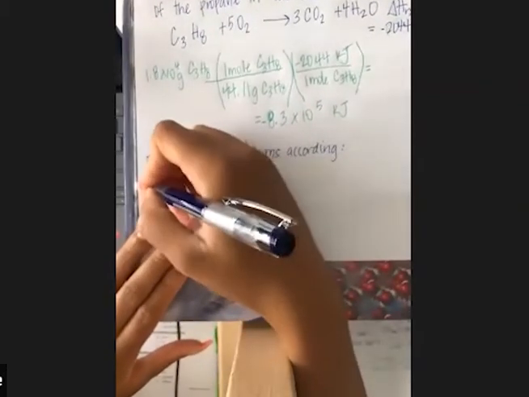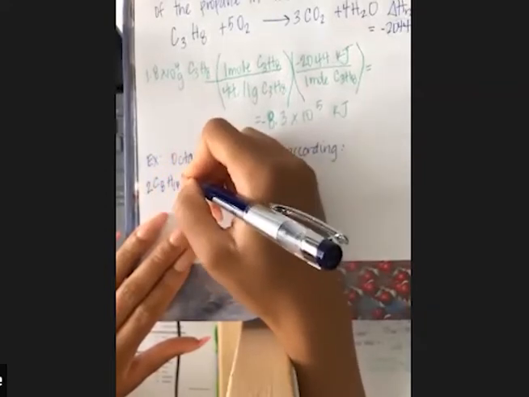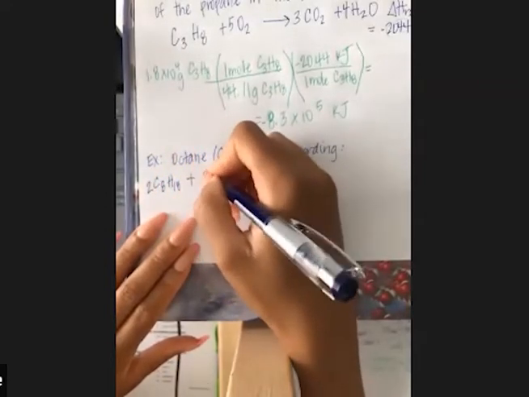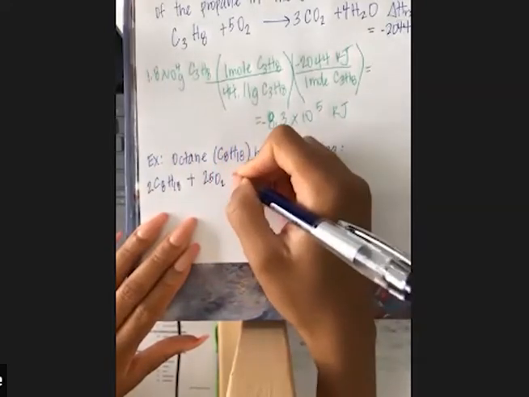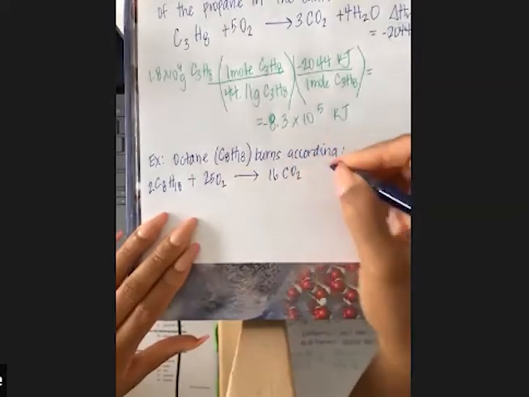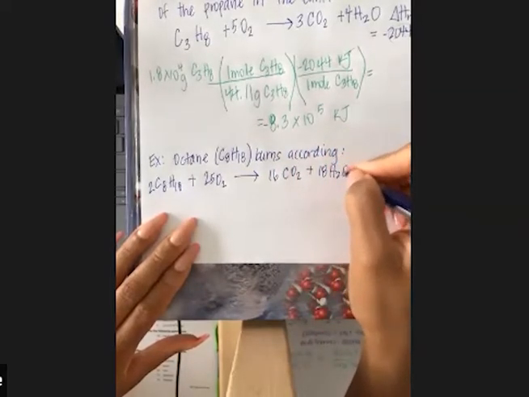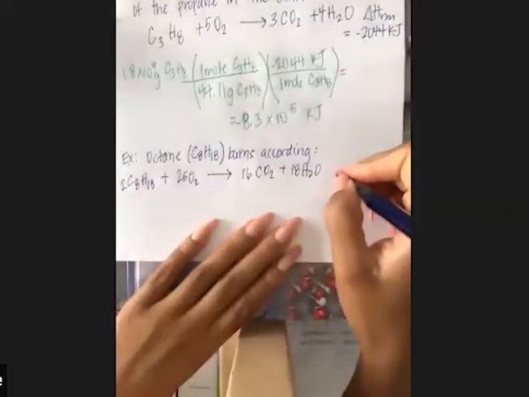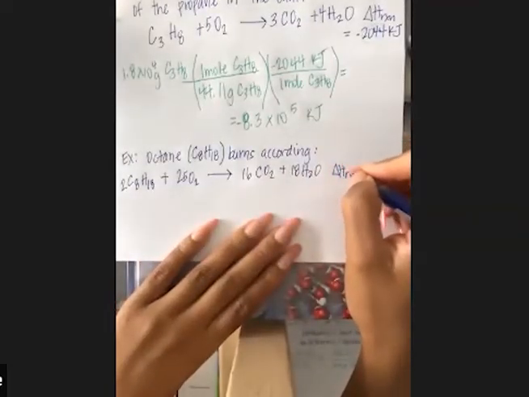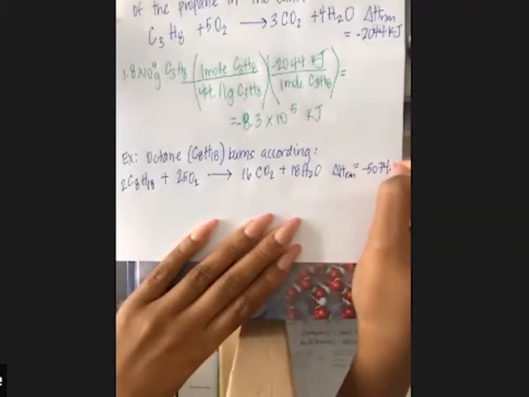The equation says 2C8H18 plus 25O2 gives us 16CO2 plus 18H2O. And the change in enthalpy of this reaction is negative 5,074.1 kilojoules.